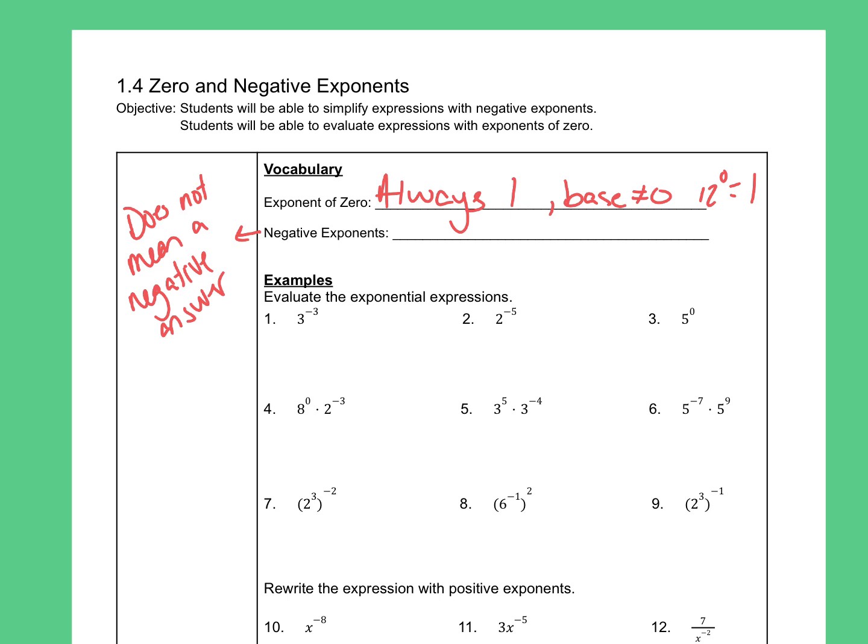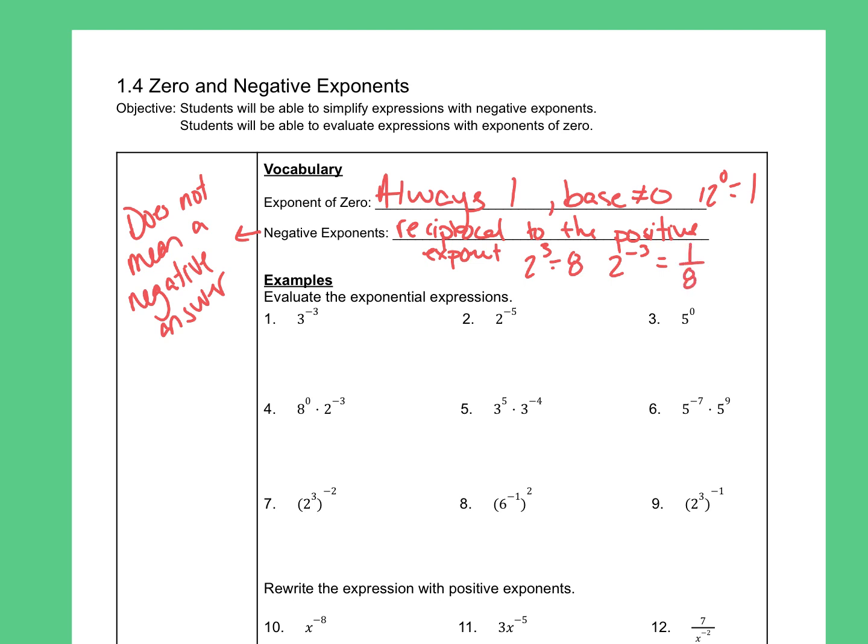What it did tell us is that we are going to have the reciprocal answer. So 2 to the third is 8, and 2 to the negative third is going to be the reciprocal of that, so 1 over 8.